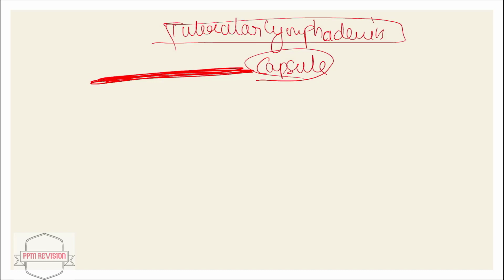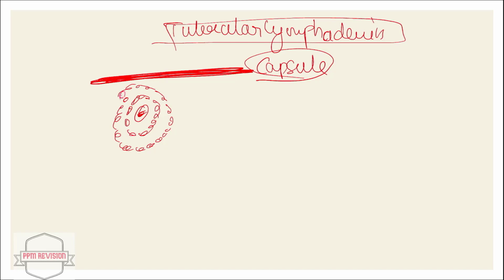Then there can be presence of the giant cells. Okay, and there's also presence of epithelial cells. Along with them, there's presence of lymphocytes as well. As we have seen in the previous cases, we have also seen lymphocytes.